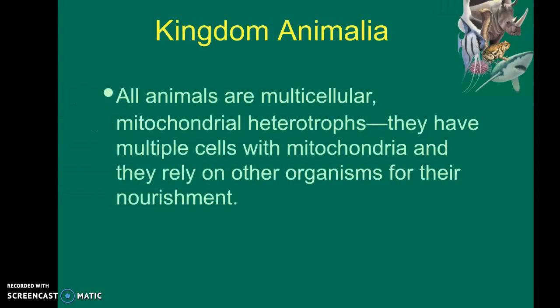So here are some terms and characteristics that we use to describe organisms that fall under the kingdom Animalia. Number 1, we're all multicellular. We have more than one cell. As organisms changed from being single-celled to multicellular, they had to have their cells begin to work together.